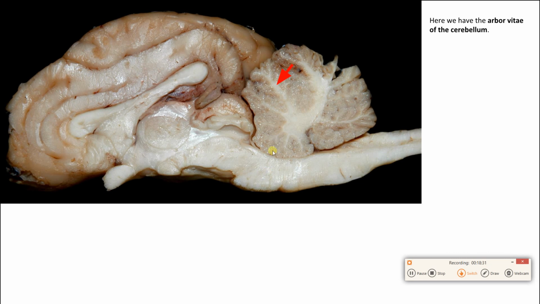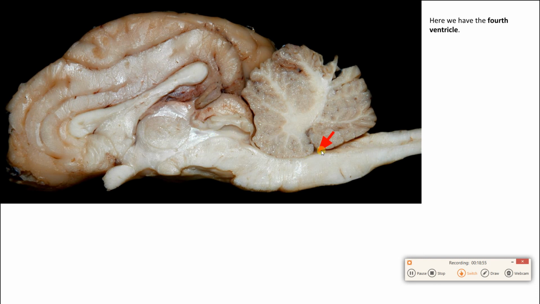And now we're jumping back up to the cerebellum, and we see its beautiful white matter here, which we know is called the arbor vitae. White matter of the cerebellum. And then we have that fourth ventricle that I mentioned earlier, between the cerebellum and the brainstem, connected to the third ventricle up here by the cerebral aqueduct.